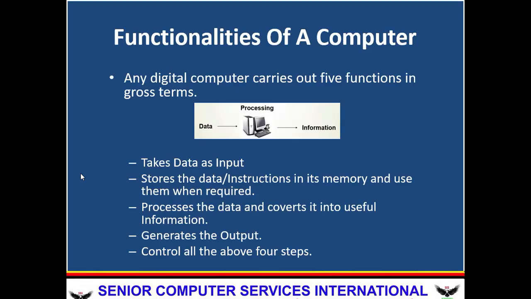So data basically is an aspect of raw items, and those raw items are what is defined as data. So that's one functionality of a computer.